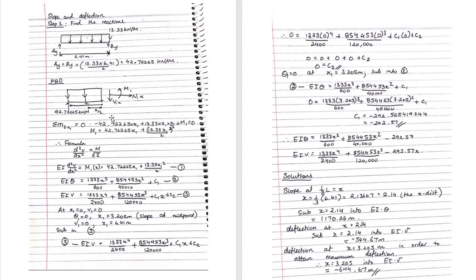EI theta and EIv are derived from that main formula of double integration. Integrating each one, I was able to find the slope at midpoint and the maximum slope.